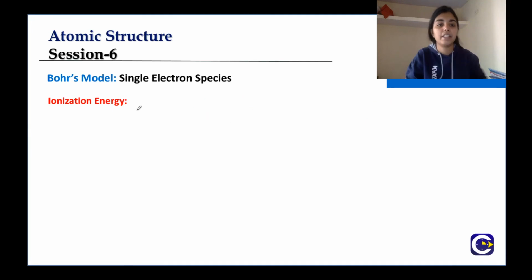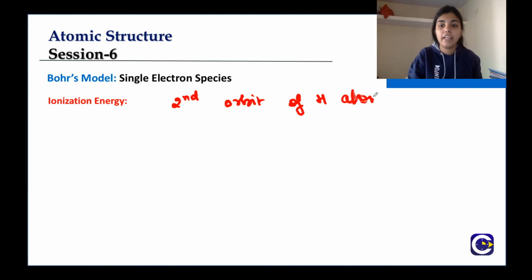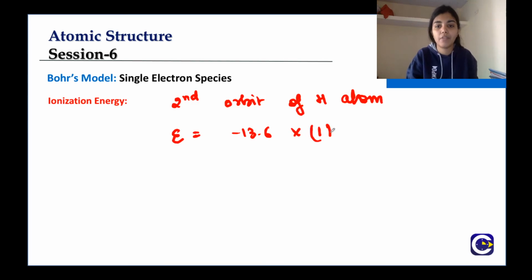For example, let us say you are asked what is the ionization energy of the electron which is present in the second orbit of a hydrogen atom, right? We know that the energy of the electron in the second orbit will be equal to minus 13.6 into Z square. Z will be 1 for hydrogen, so 1 square divided by 2 square, that will be 4.